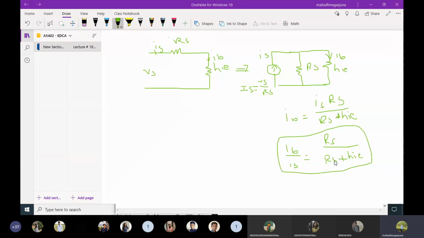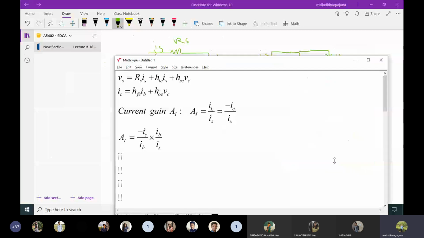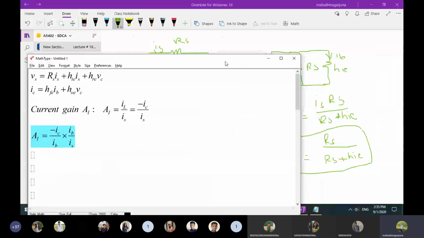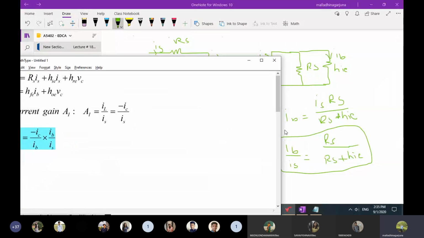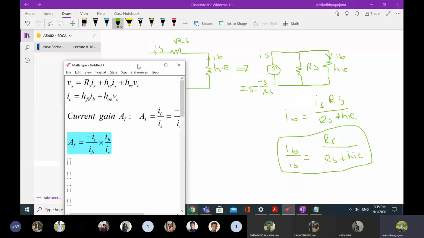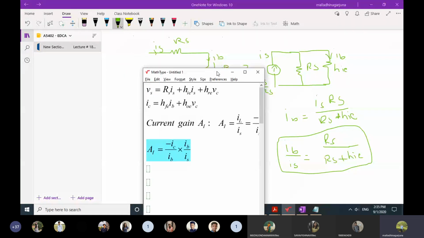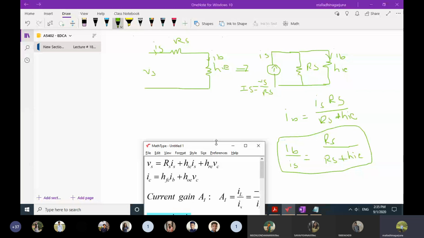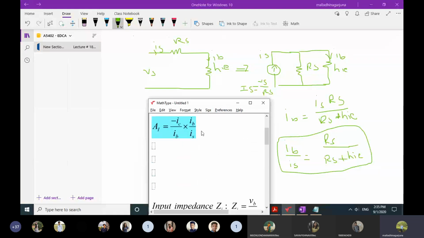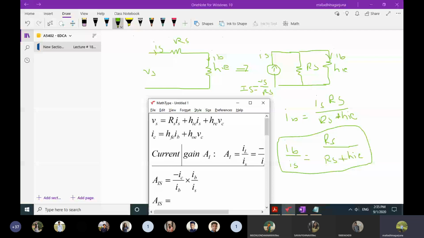So minus Ic by Ib, this equation, and Ib by Is, gives Ic by Is as Rs by Rs plus Hi. So finally, this is AIS, represented with AIS. Why? Because of the source resistance.